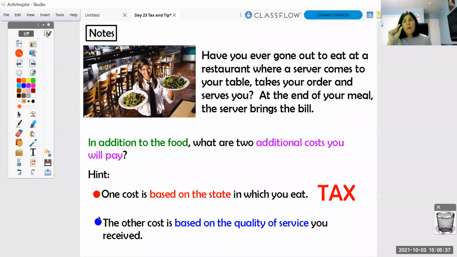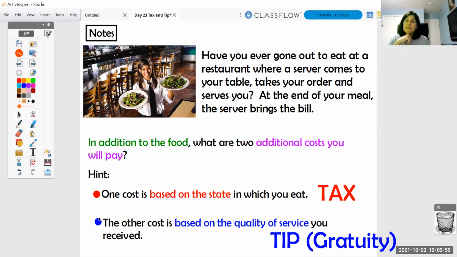The other amount that is on your receipt is based on the quality of your service. So the adults get to decide what percent they would like to leave, and we call that the tip. And another word for tip is gratuity. So if you see the word gratuity, that means tip. So what this means, and I bet many of you probably know this, is you can decide what percent of your meal you would like to leave the server that brought you your food and took care of you.